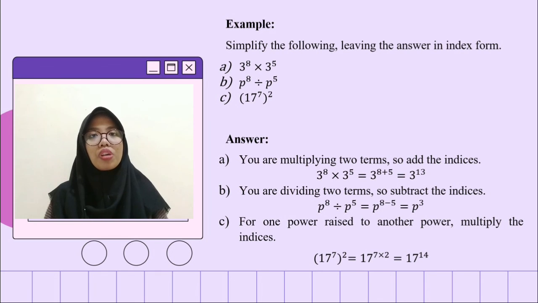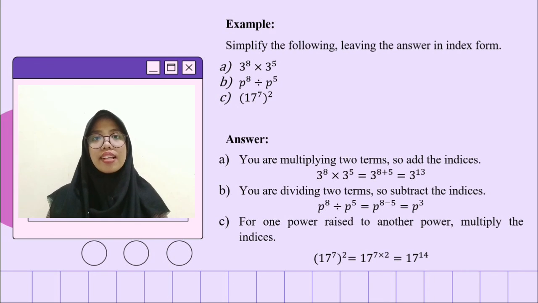But when we are dividing the powers, we can subtract the indices. So pi to the power of 8 divided by pi to the power of 5 equals pi to the power of 8 minus 5 equals pi to the power of 3.